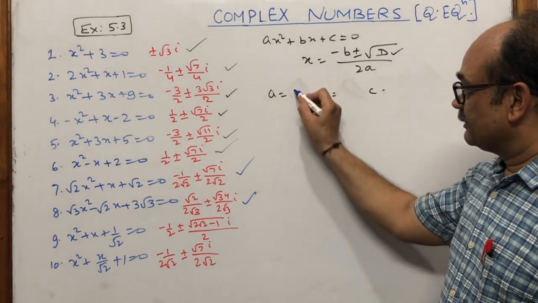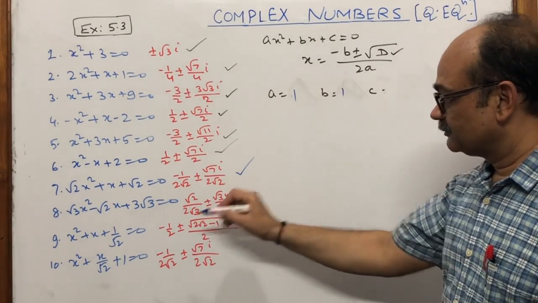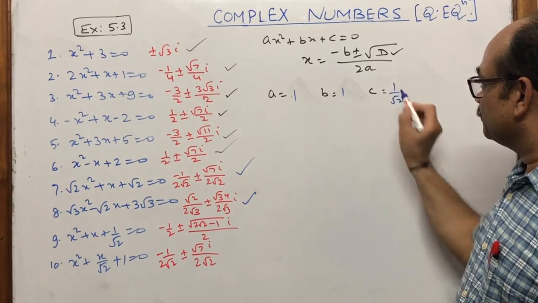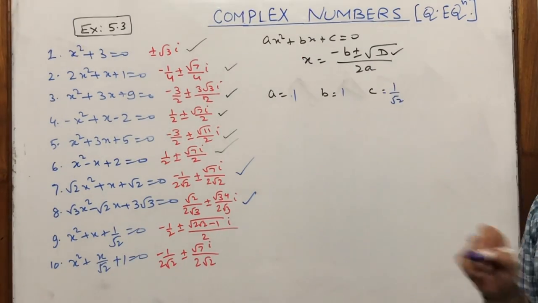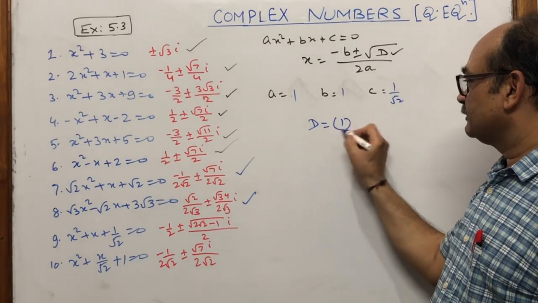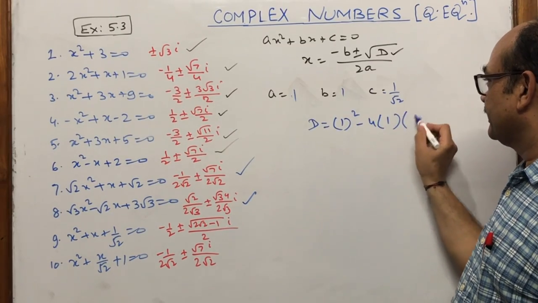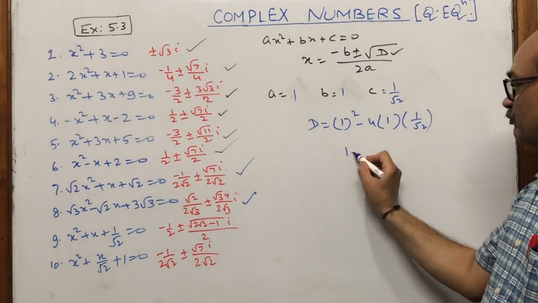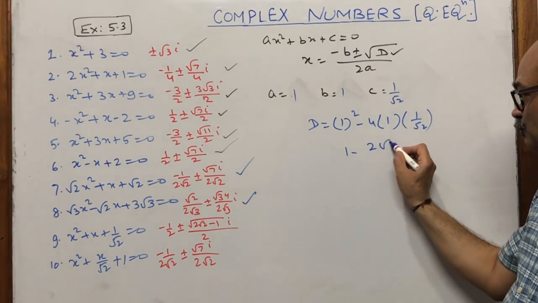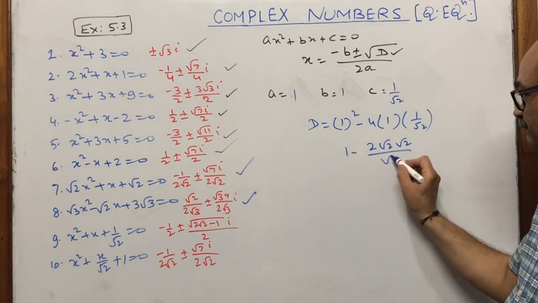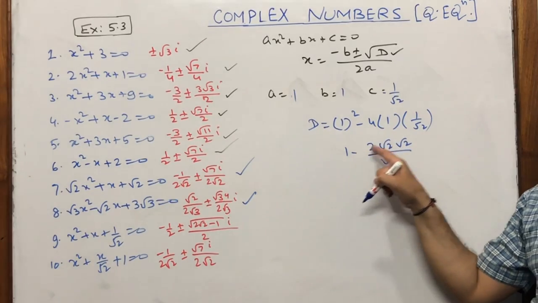Next is 1 by root 2. So check it again. 1 by root 2. D: B square minus 4AC. 1 minus, if you solve it, 4 we can write as 2 root 2 root 2. 4 means 2 into root 2 into root 2.